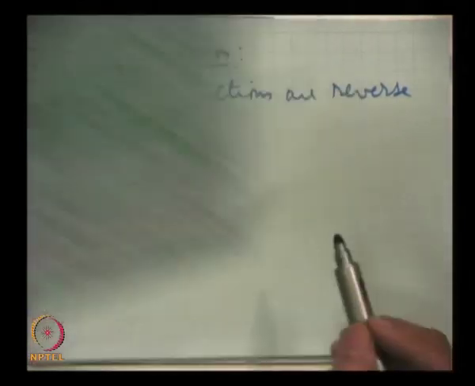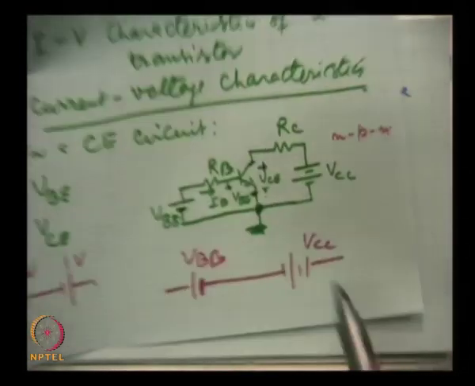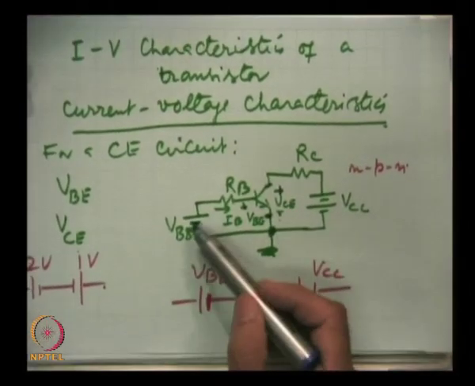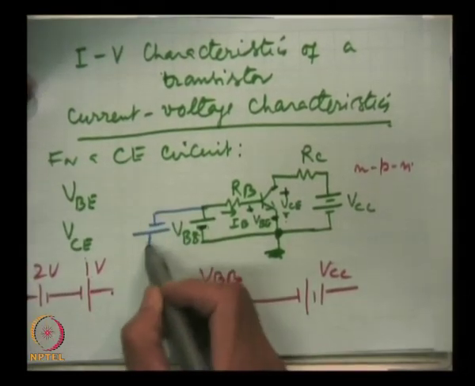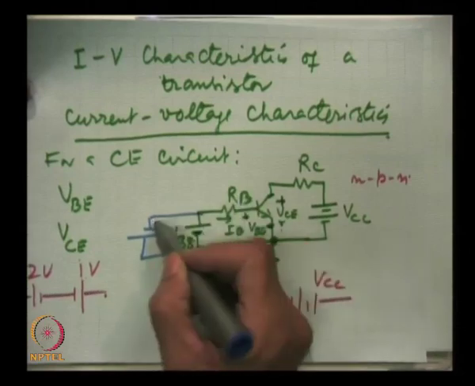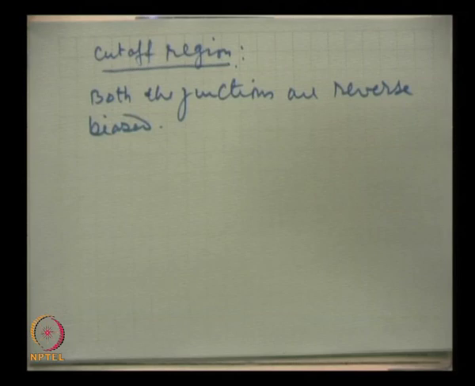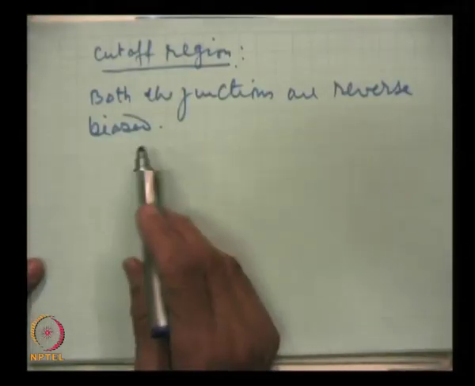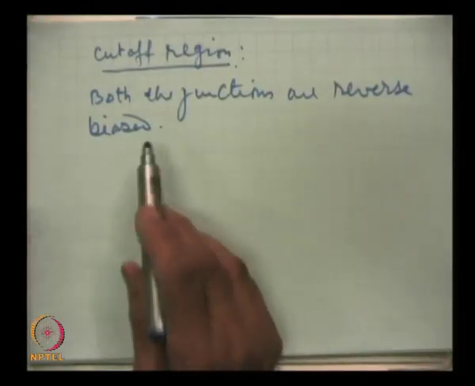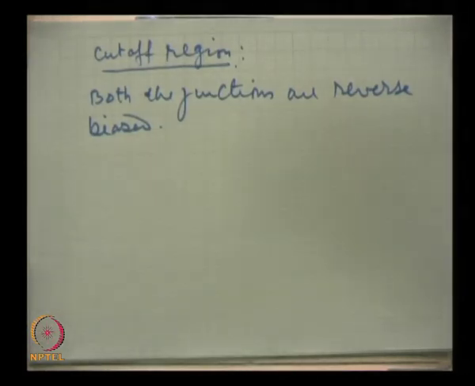So, once we make it, this is a p type base getting a negative voltage. So, that junction is reverse biased, and of course, the output junction is already reverse biased. So, both junctions are reverse biased, and here also we have discussed that for amplification purposes this region also is not to be used.